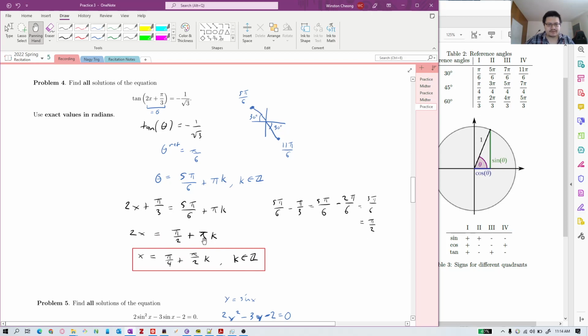And then divide this whole thing by 2 to isolate x. So pi over 2 divided by 2, you get pi over 4, and then this quantity divided by 2, you get pi over 2 times k. And then we bring back the condition that k is an integer, just to close things off completely. So this is the full set of solutions to this equation. Very good. All right.